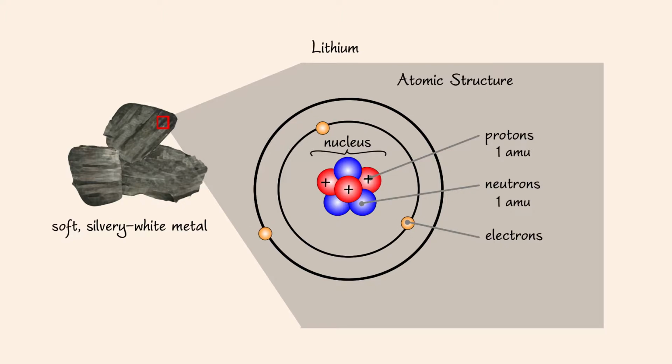An electron has a charge of -1 and negligible mass. The lithium atom has 3 protons, 3 neutrons, and 3 electrons. The electrostatic attraction between the negatively charged electrons and positively charged protons holds the atom together.